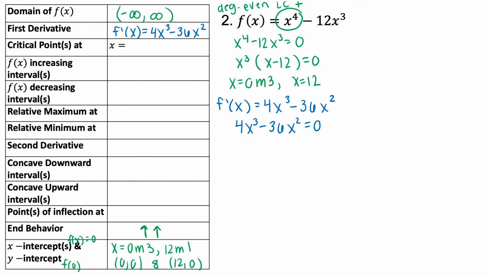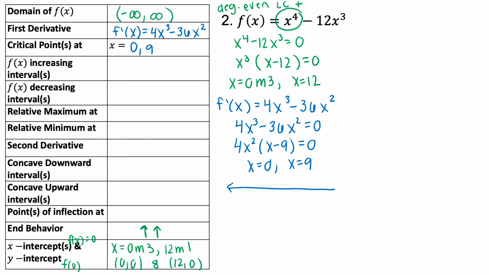Taking out our GCF of 4x squared, we're left with x minus 9 equals 0. So we get critical points at x equals 0 and x equals 9. From here, remember we want to test for increasing and decreasing and then analyze for our relative extrema.